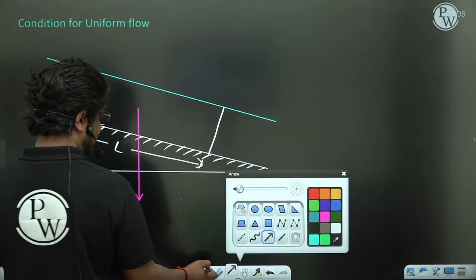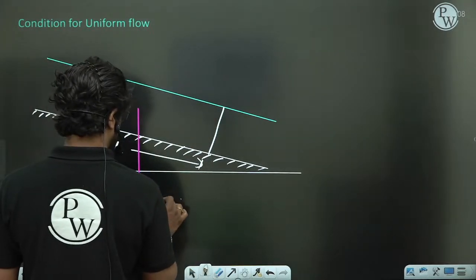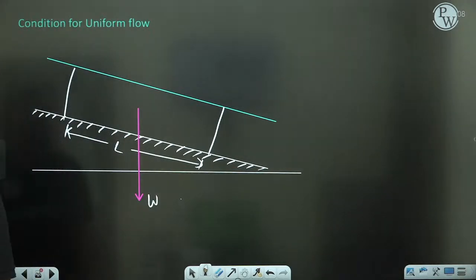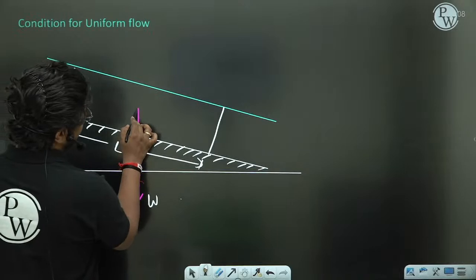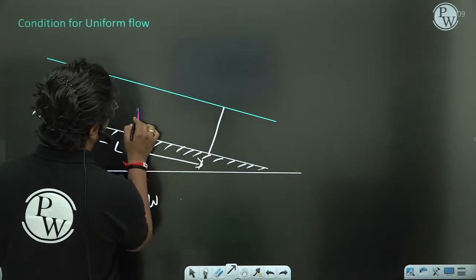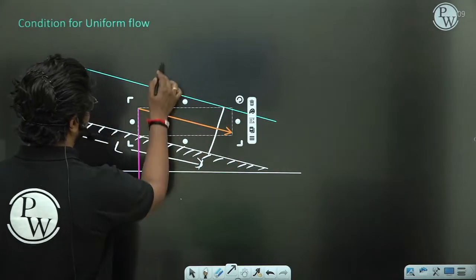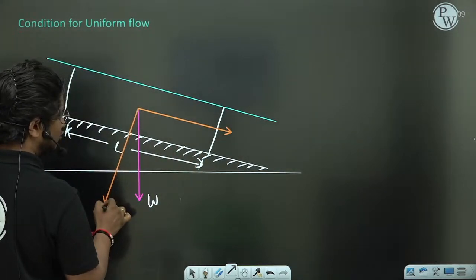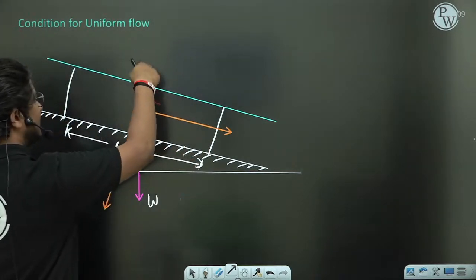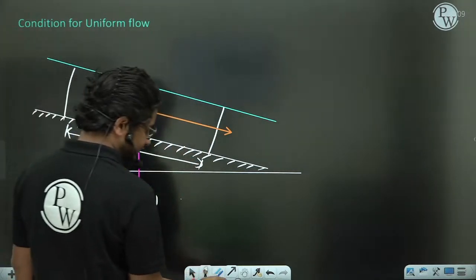That is nothing but the W. That weight, I am taking two components of that weight. One is along the length of flow and the next one is perpendicular to the length of flow.